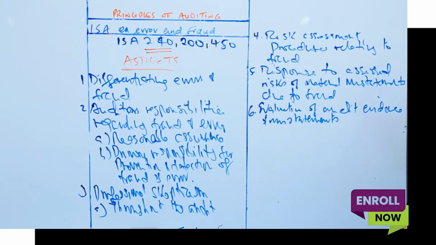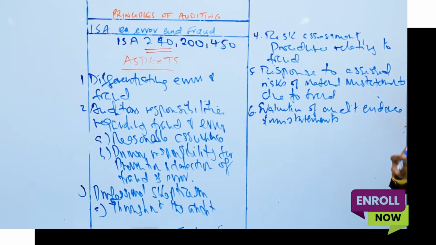ISA 450 requires the auditor to accumulate all identified misstatements throughout the audit. And the auditor must communicate all accumulated misstatements to the appropriate level of management on a timely basis and request them to correct those misstatements.